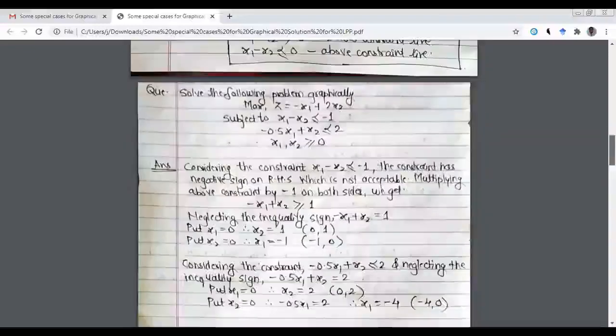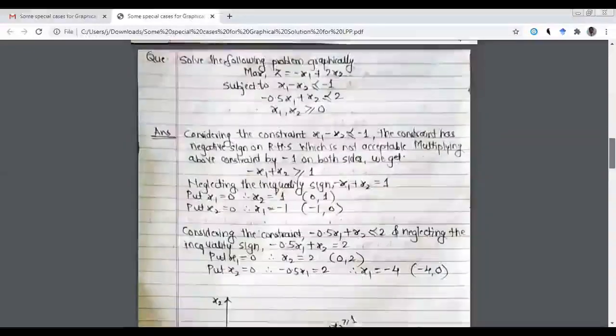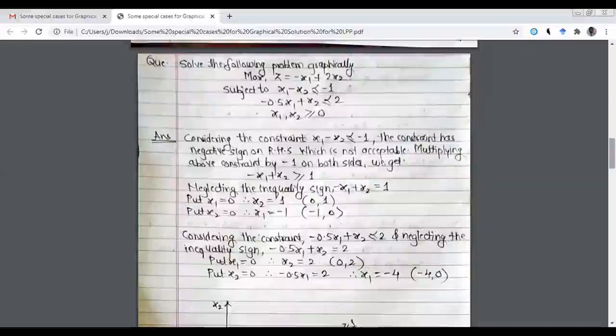Similarly, let's take another problem now, which can develop your understanding regarding this graphical method in a more proper fashion, right?